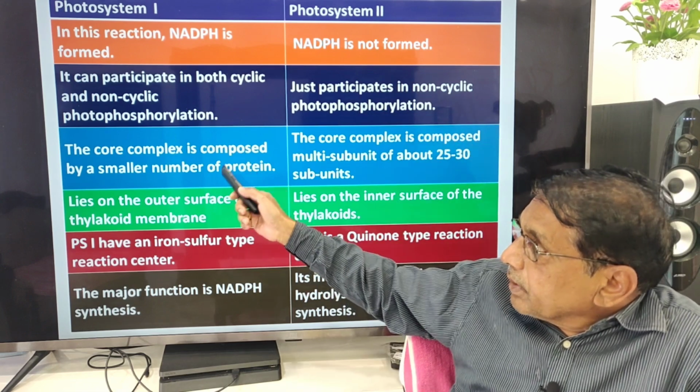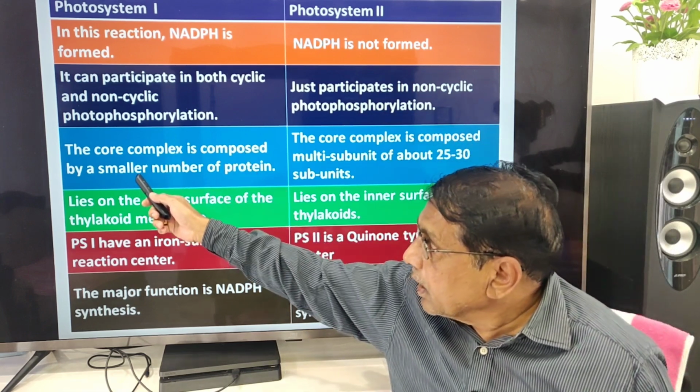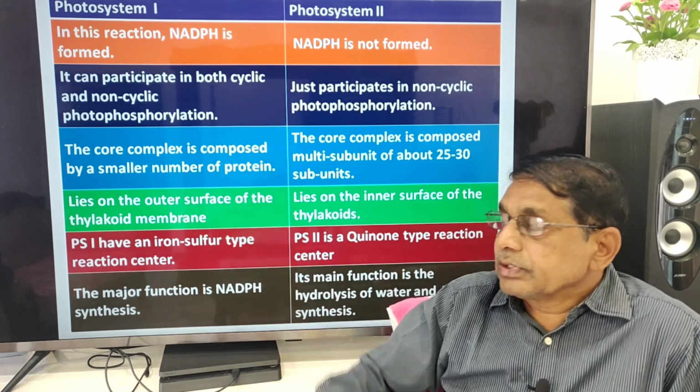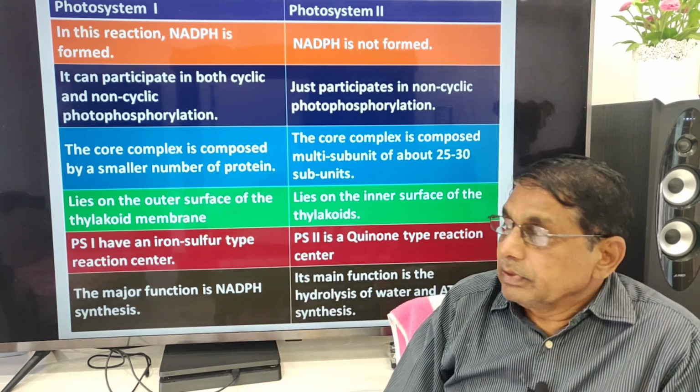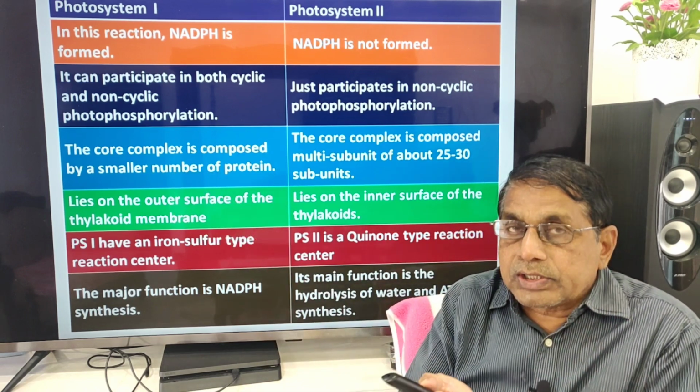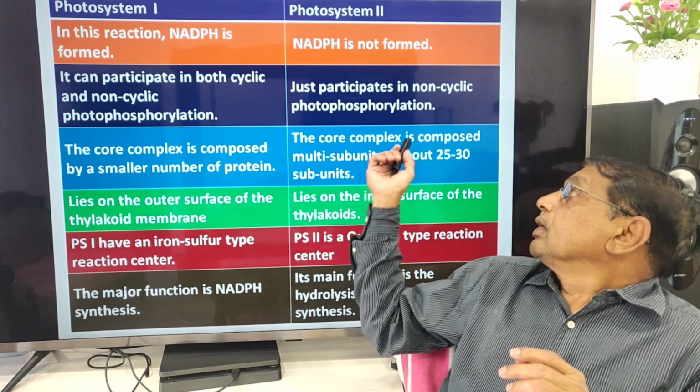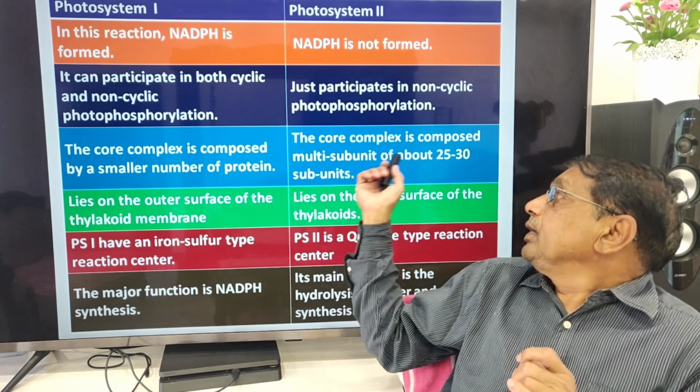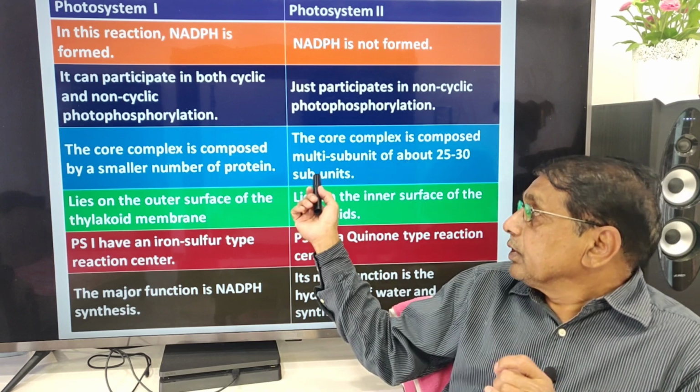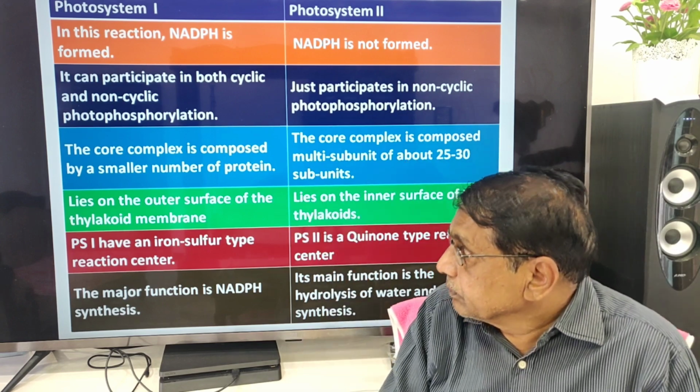The core complex of photosystem 2 is composed of a smaller number of proteins, while the reaction center core complex of photosystem 1 consists of multiple subunits, about 25 to 30 subunits.